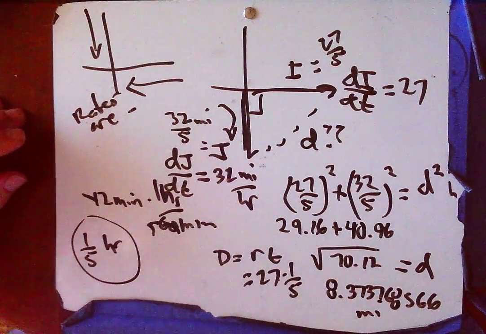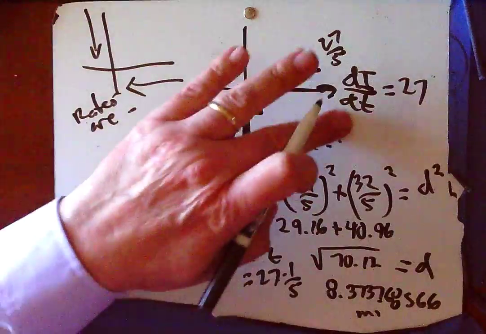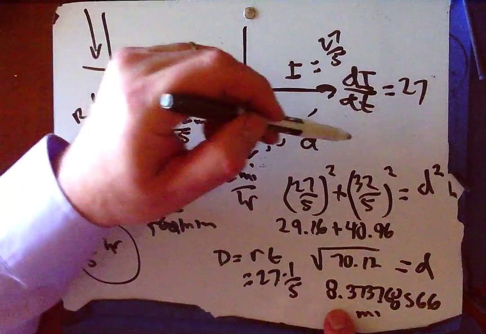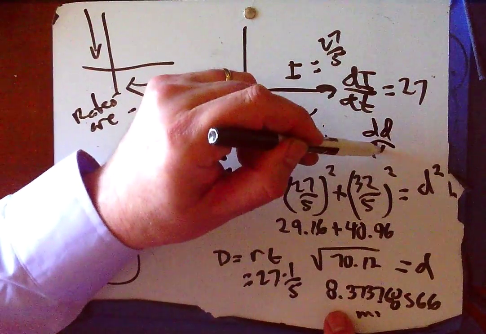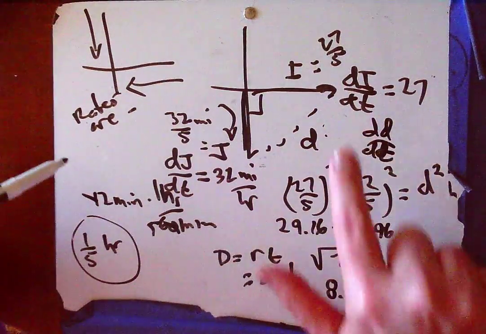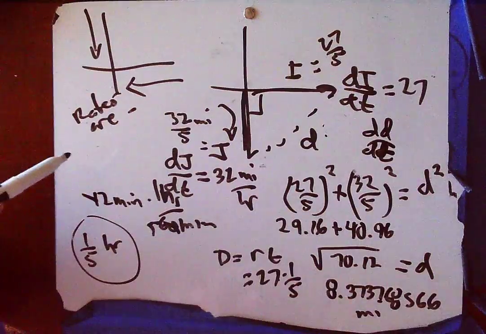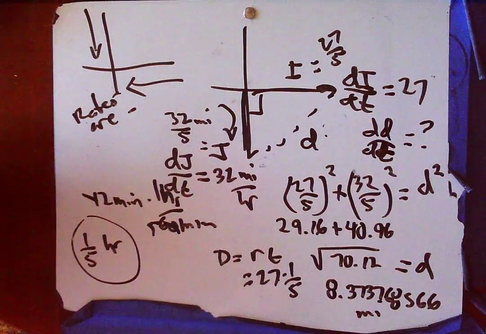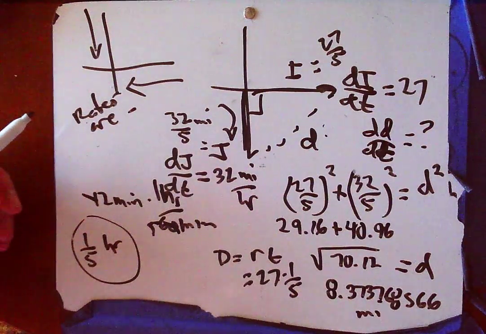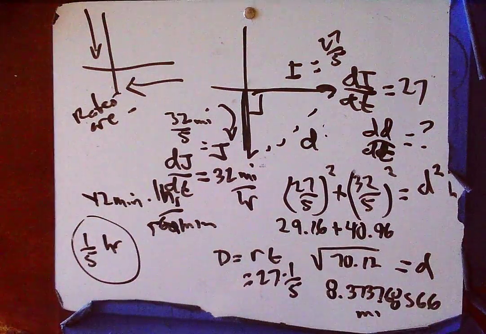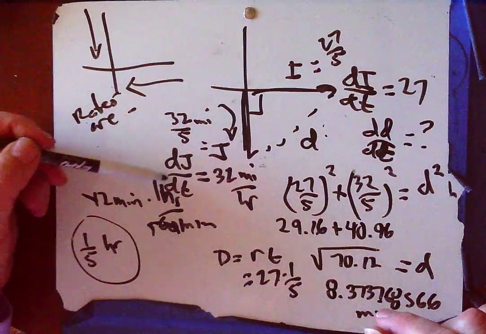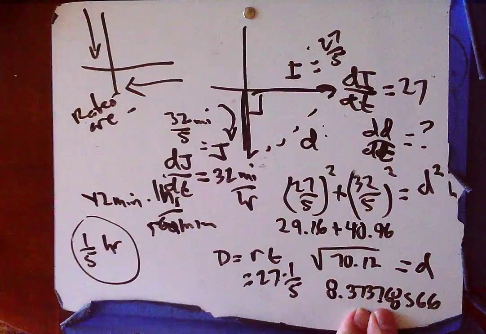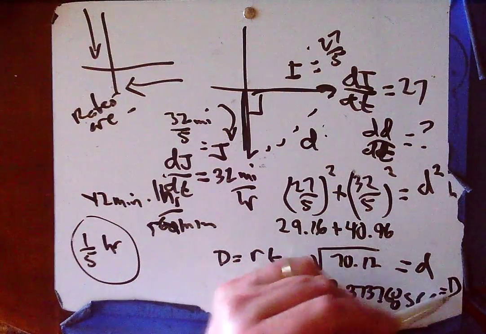Okay? And what about part B? How fast is the distance between them changing? Well, now we know what D is. D is this number. They're asking us to find dD/dt, the change in the distance with respect to time. So again, I'm going to go back to the Pythagorean theorem, take my derivative, and then plug in J and dJ/dt, and I and dI/dt, as well as D. Remember, this is D over here.